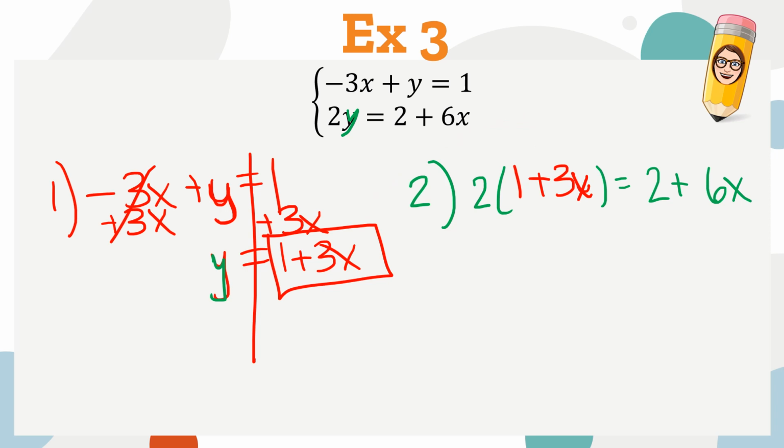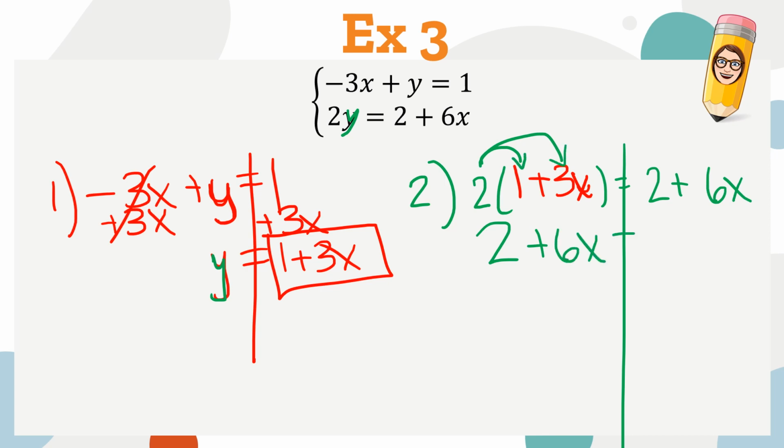Instead of y, I'm going to write 1 plus 3x. Next step, we solve what we have. We tend to distribute first. That keeps happening. 2 plus 6x. See how I multiplied? Now, there's nothing I can combine on the left, nothing I can combine on the right. So next we're going to undo any addition or subtraction.